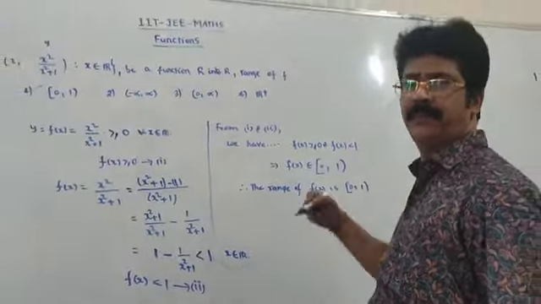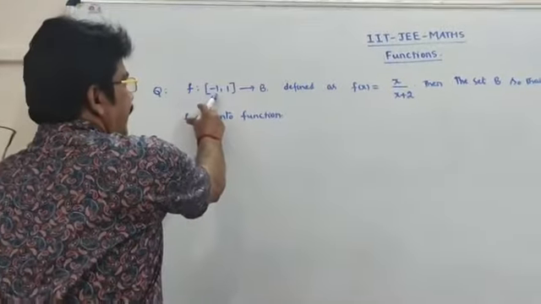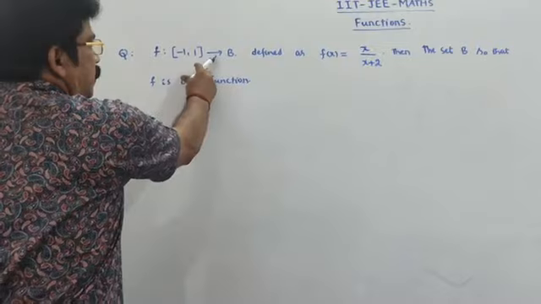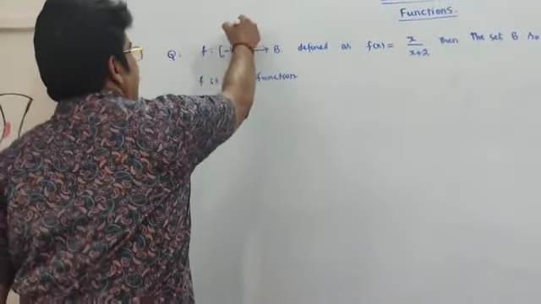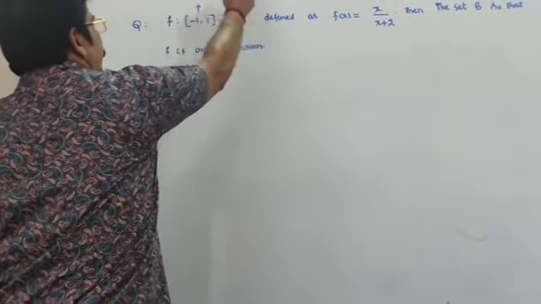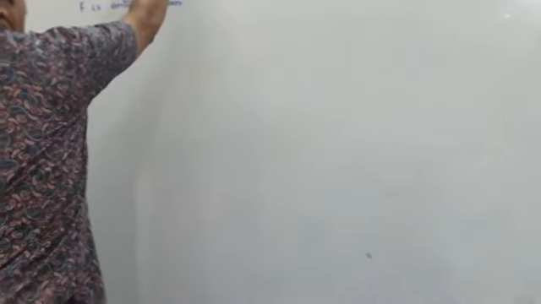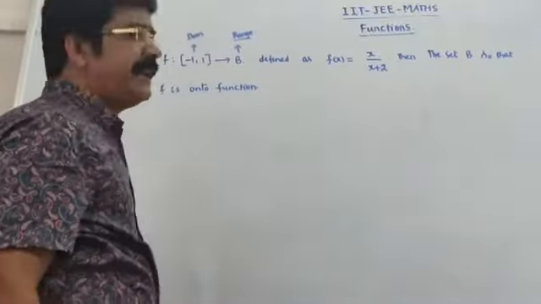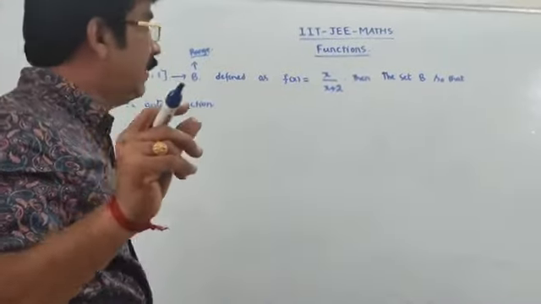Hence the problem. f from the closed interval of -1, 1 to capital B. This will be the domain, and this will be the range or codomain. But here we are writing the range directly. Why?